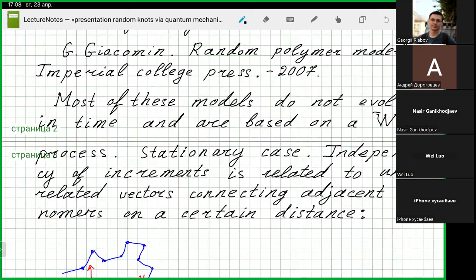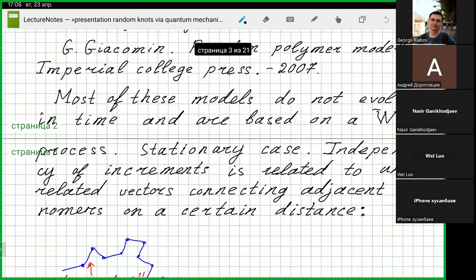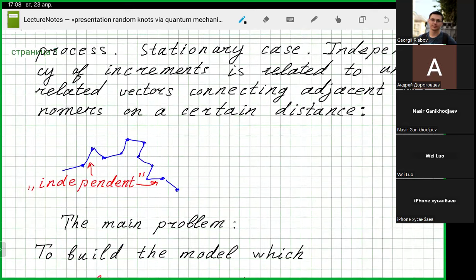And people always think that maybe trajectories of the Wiener process are a good example of such a polymer. Why? The reason is that the bonds in the polymer which are not neighbors and have some distance along the polymer move like independent ones.